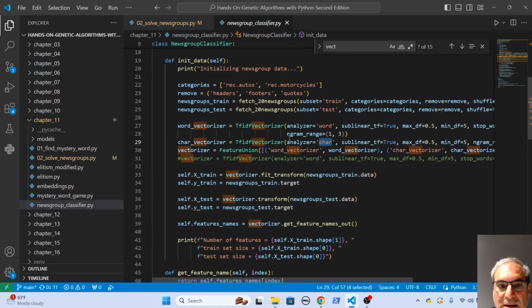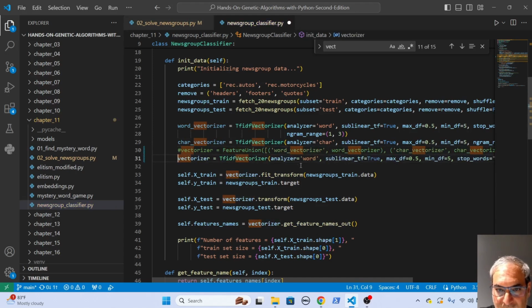And here, as we showed before, there is a character vectorizer and a word vectorizer, and the vectorizer that we're using is a union of both. What we can do here is mask that and only use the word vectorizer as the vectorizer.